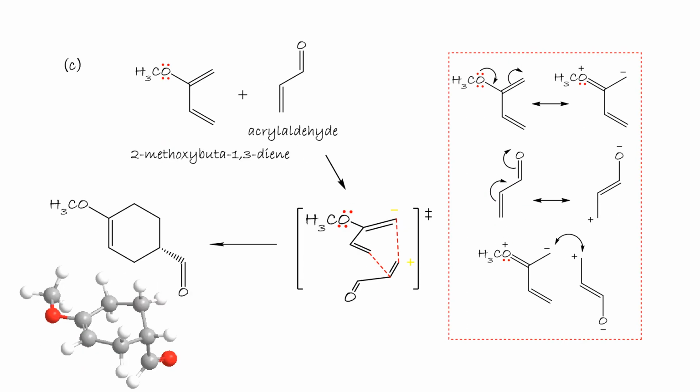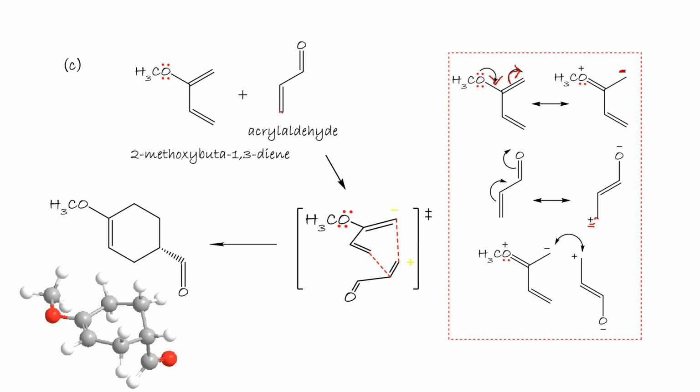Here, once again, the electron density is showing that this side will be electron rich. And again, this side will be electron deficient. We get this side together.